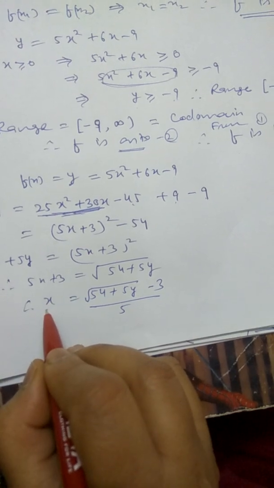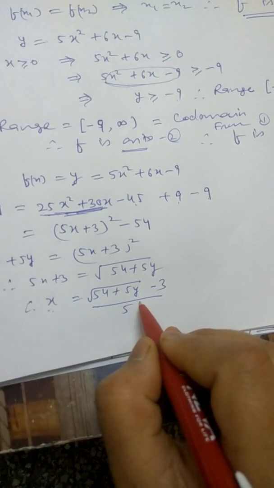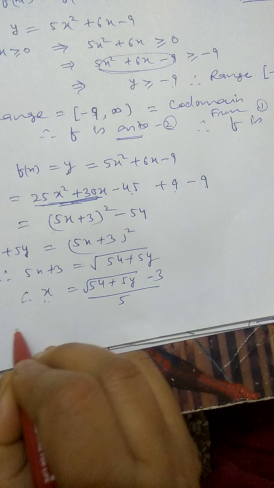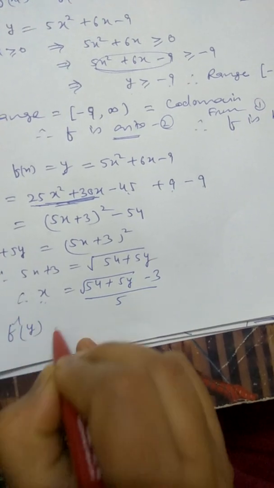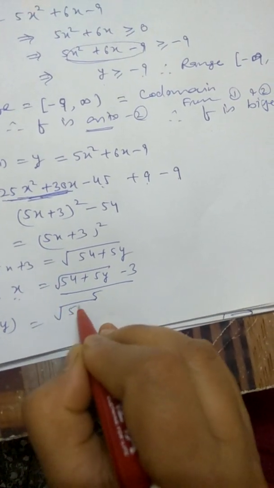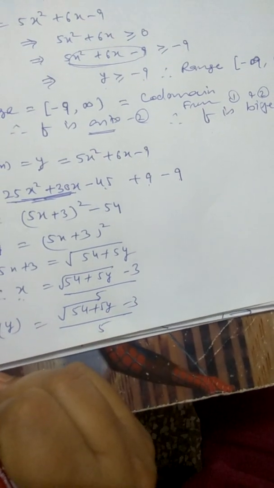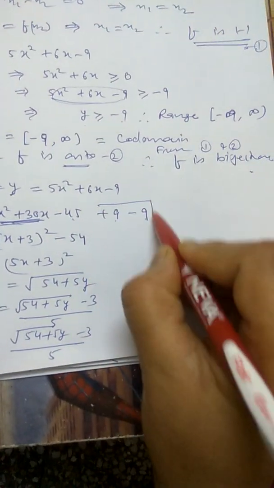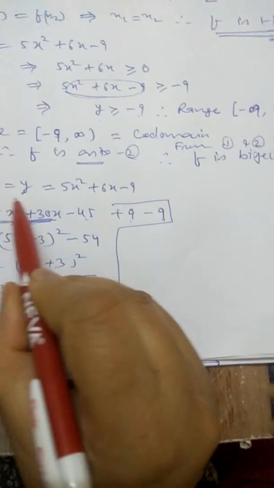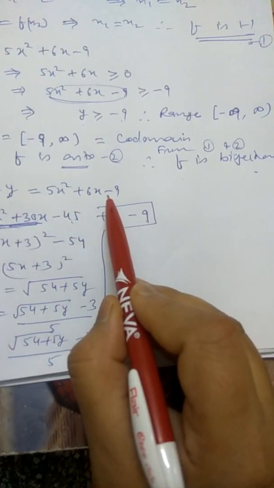And what is this x? x is a function of y, and therefore f inverse of y = (√(54 + 5y) - 3)/5. Is it clear? Second method to find the inverse: this y is equal to this term.